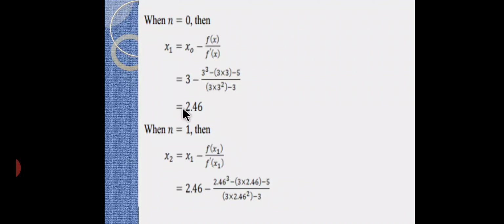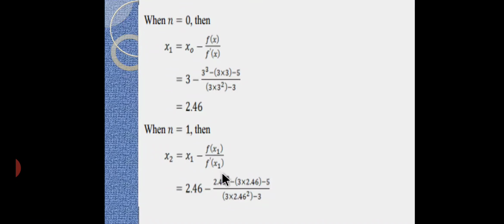Simplifying this equation, we get x1 value is equal to 2.46.